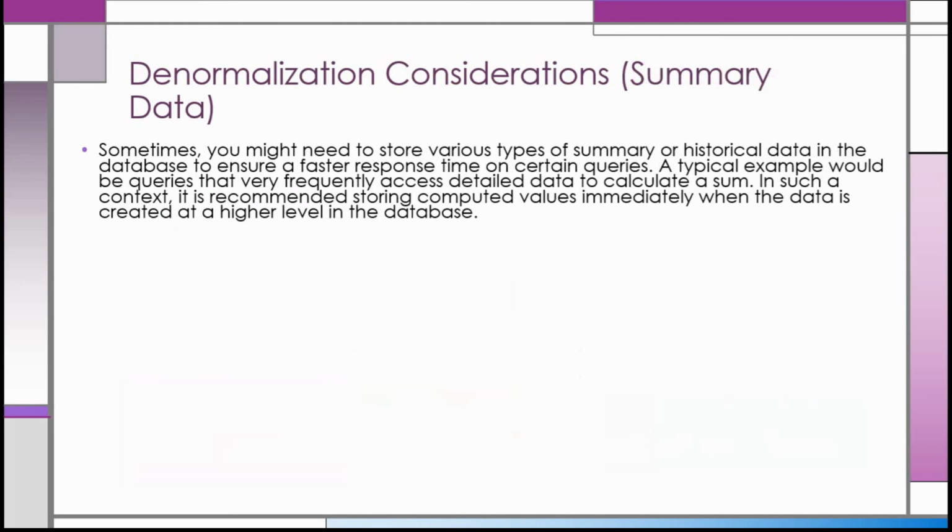Next, sometimes you might need to store various types of summary or historical data in the database to ensure a faster response time on certain queries. A typical example would be very frequently accessed detailed data used to calculate a sum. In such a context, it is recommended to store computed values immediately when the data is created at a higher level in the database.